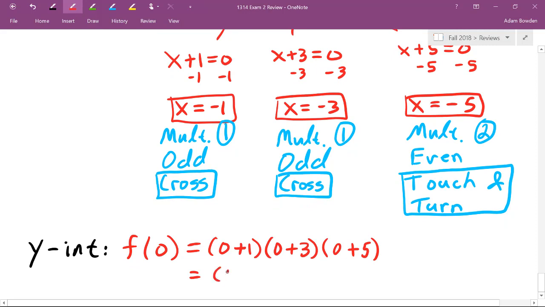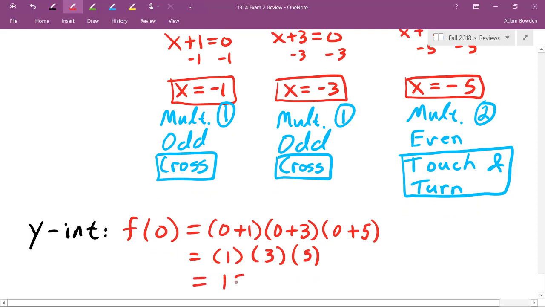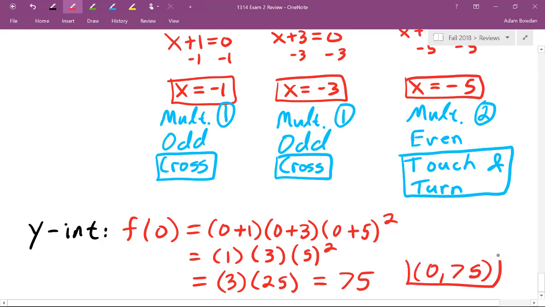Here we're going to get 1 times 3 times 5 squared, sorry, 5 squared, that's going to be equal to 3 times 25, which is 75. So that gives us our y-intercept of (0, 75).